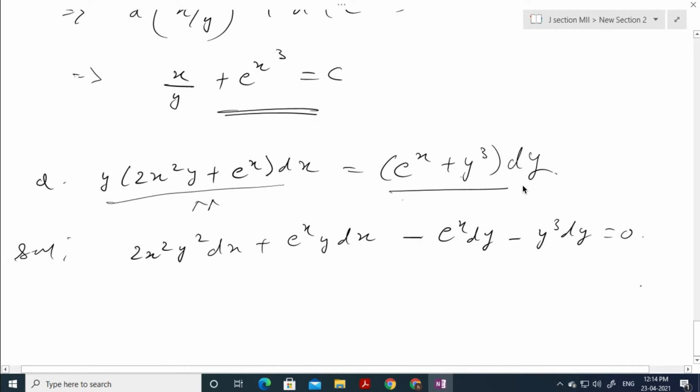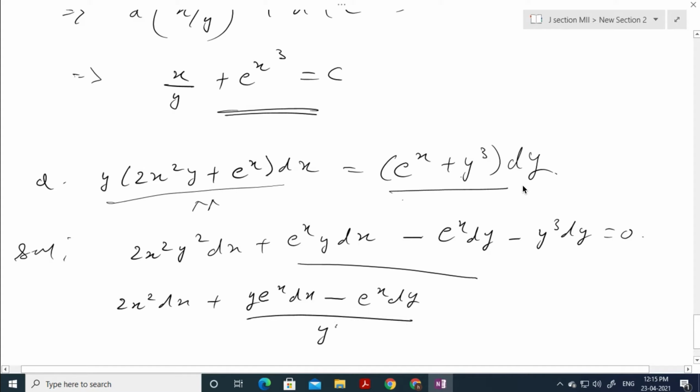Now divide this whole thing with y square. So when you divide with y square, what is left is 2x square dx plus these terms I will write in common, these two terms. So e to the power x dx with a y minus e to the power x dy by y square. And since I have divided by y square here, I will get minus y dy is equal to 0.